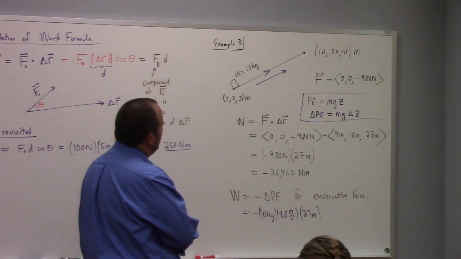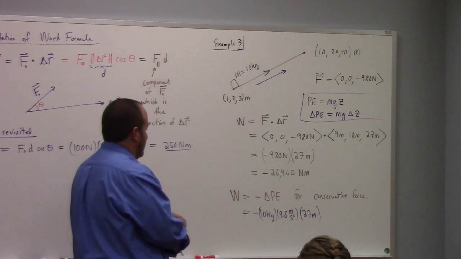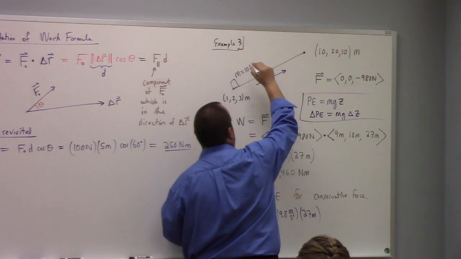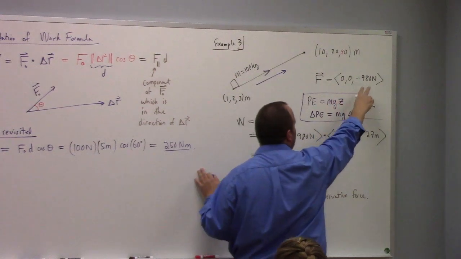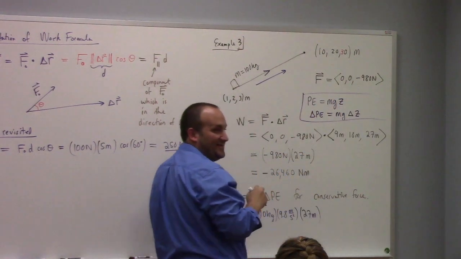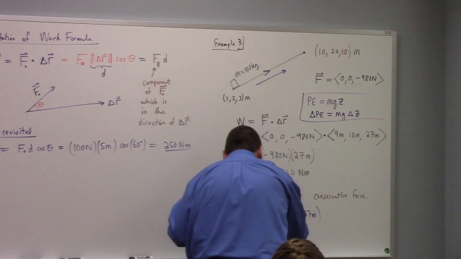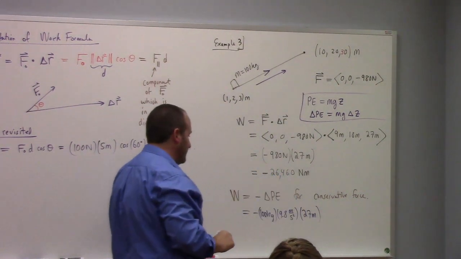How'd that happen? Oh, I know what the problem is. That's supposed to be 100. Yeah, you should have called me on that. You need 100 to get 980 newtons for the weight. Sorry about that. Very much appreciate that question.